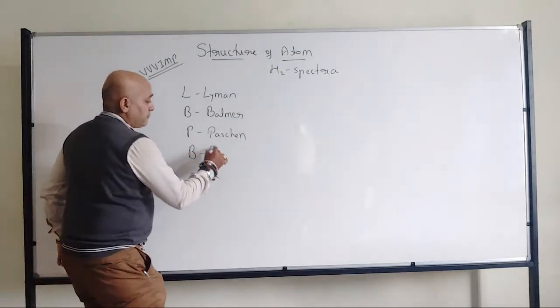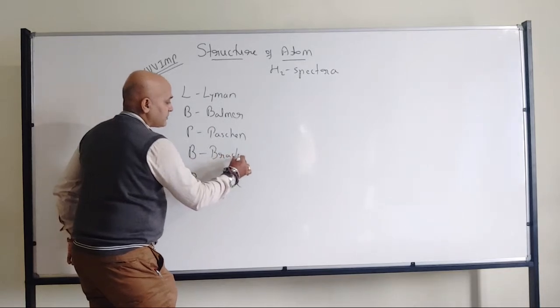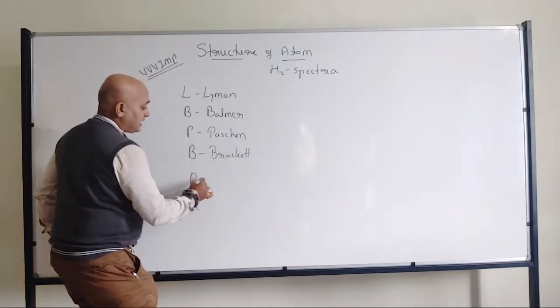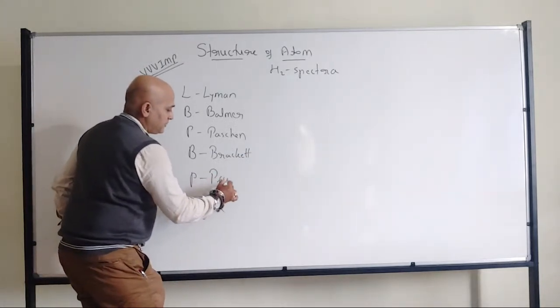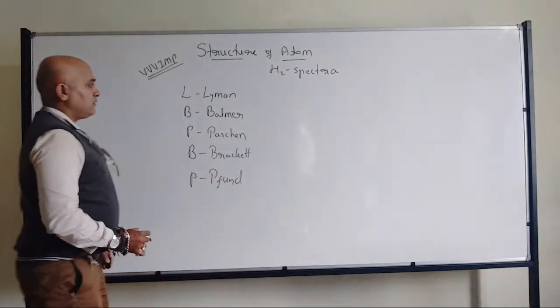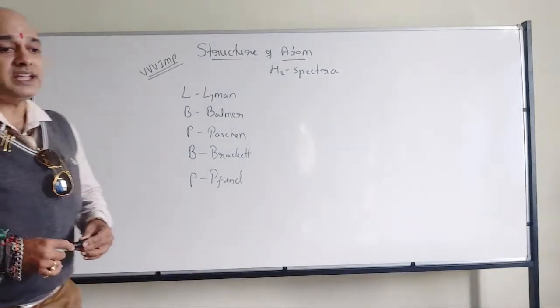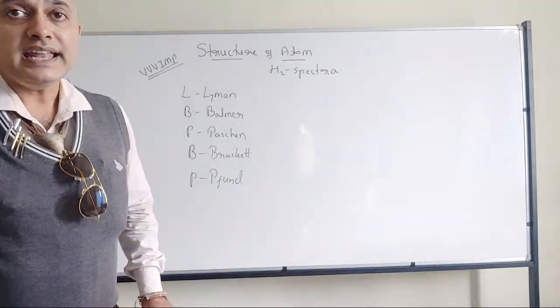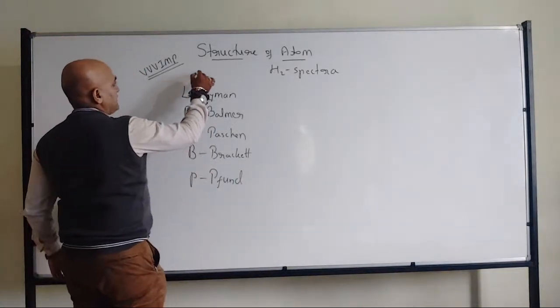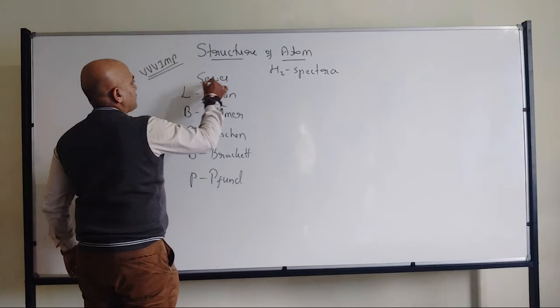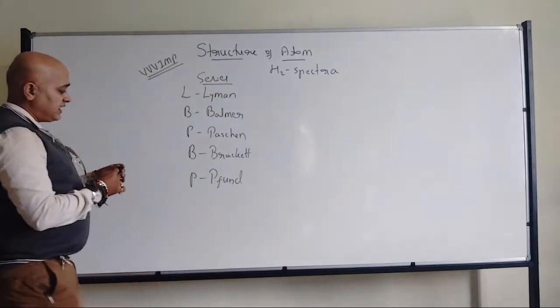Then bracket, then Pfund. Okay? So that's where we have the different energy levels, or we can call it different series of energy.